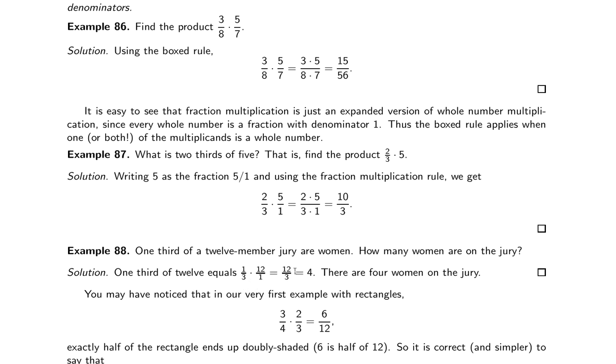So 1 times 12 is 12. 3 times 1 is 3. So we're getting 12/3. And of course, just remember this means 12 divided by 3. So that simplifies to 4. All right, so 4 women on this jury. 1/3 of 12 is 4.